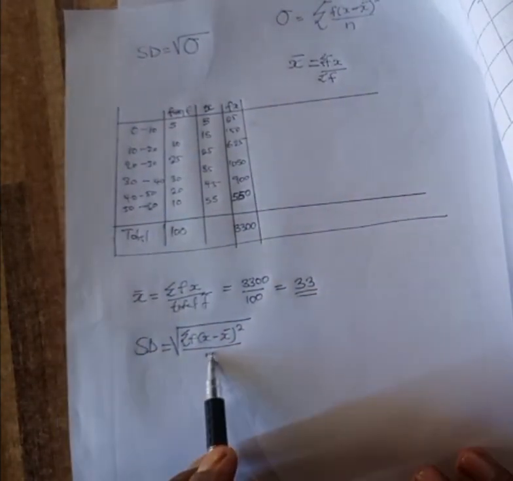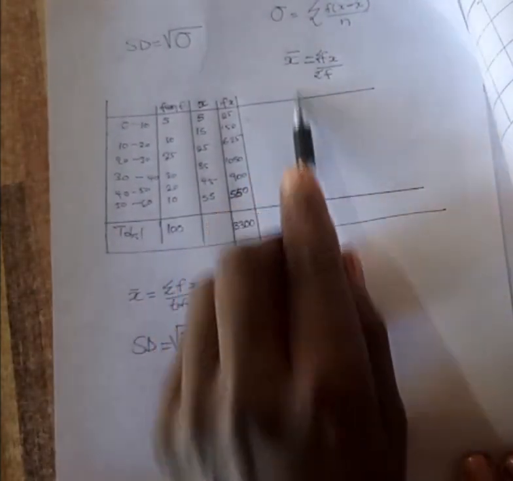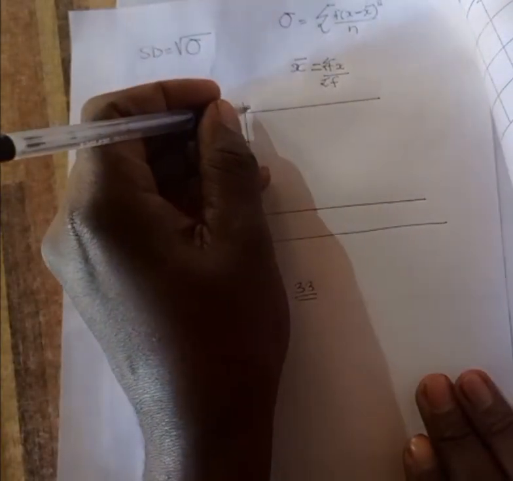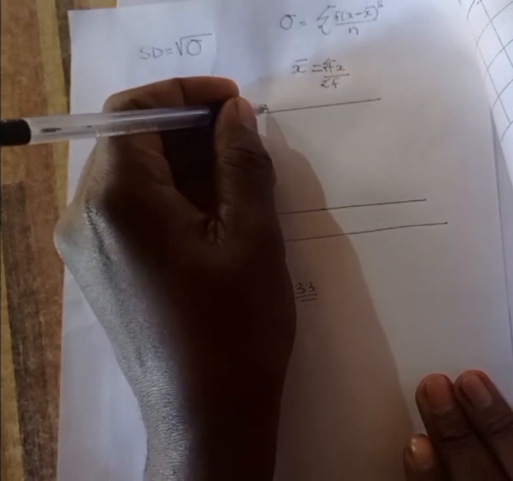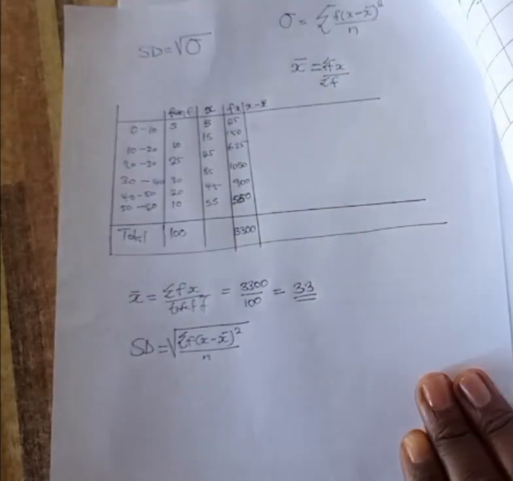Let us now deal with this one. Using the same table, we can extend our columns and make another column for x minus x bar.